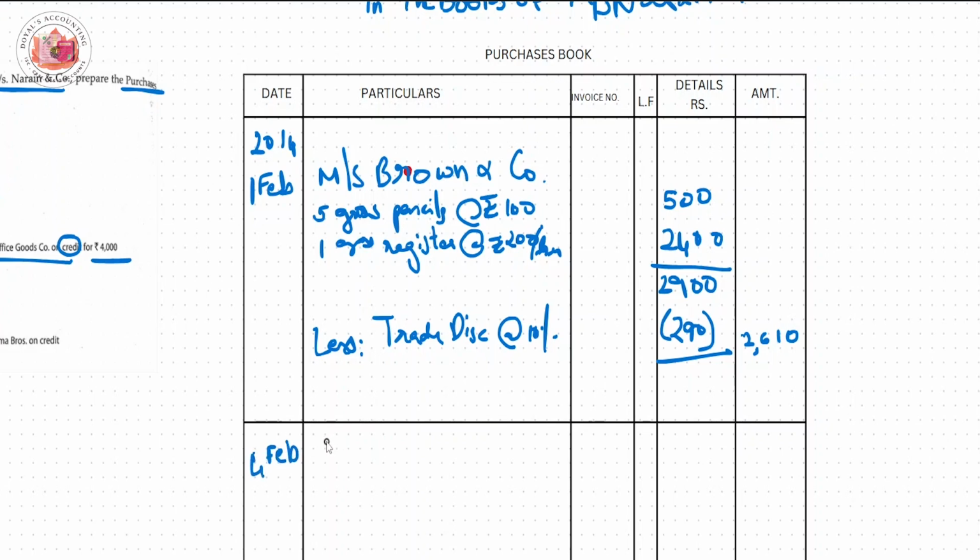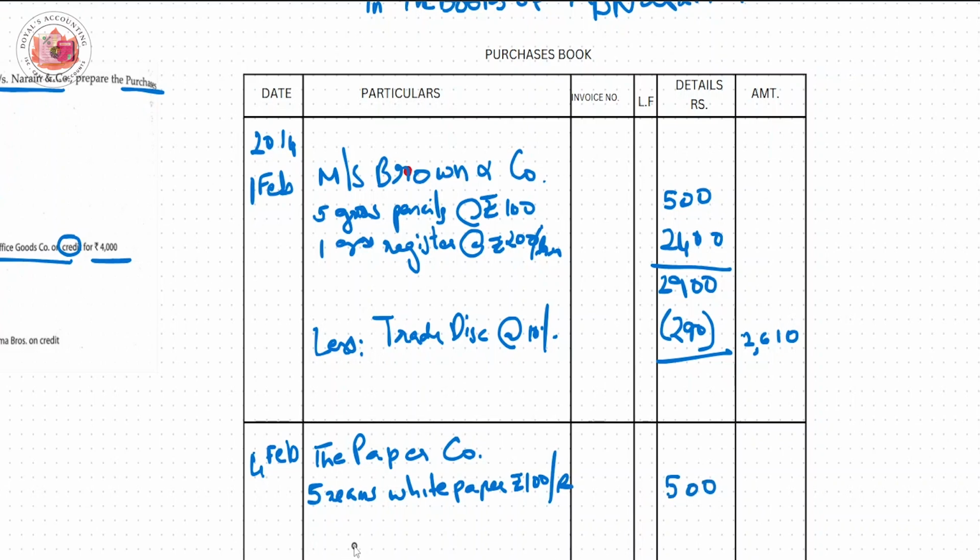We are purchasing from the paper company. Five reams white paper, rupees 100 per ream, so that makes it 500.